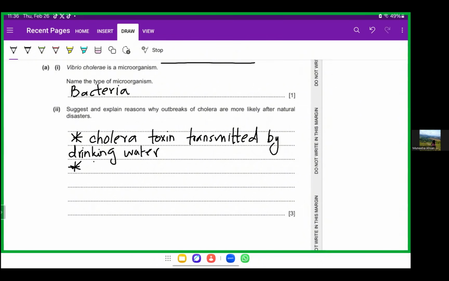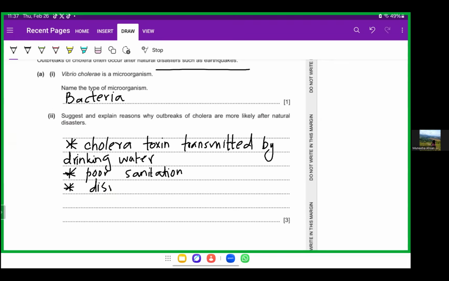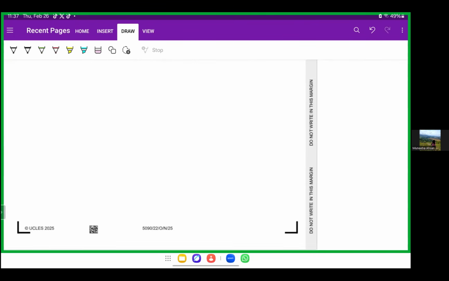Secondly, there is poor sanitation. And why is there poor sanitation? Because of the disruption of the sewage system. Okay, I hope this is clear. Now let's move on to the next part.